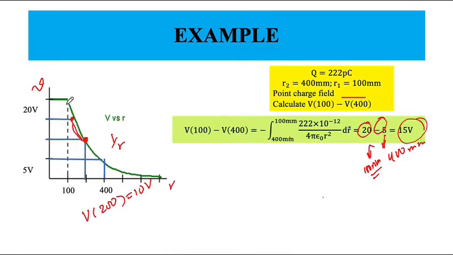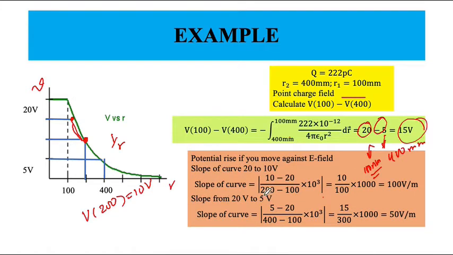The slope of the curve will be 10 minus 20 divided by 200 minus 100, this is the absolute value, into 10 to the power minus 3. So it's 10 divided by 100 into 1000, so it is 100 volts per meter.